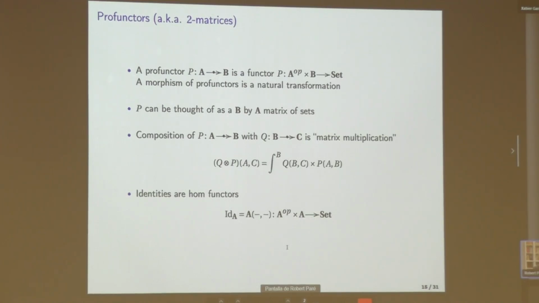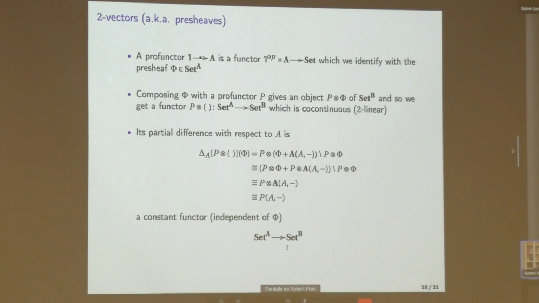This is not the majority definition, but anyways, this is what I'm taking, and then the morphisms of profunctors are natural transformations. Often profunctors are billed as a categorified version of relations, which is true, but you can also think of it as a matrix of sets, so it's a categorified version of matrices. Now, composition is matrix multiplication, which is given by coends, and identities are the Hom functors.